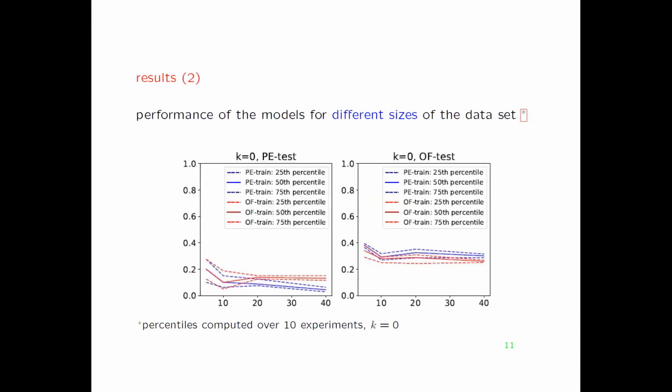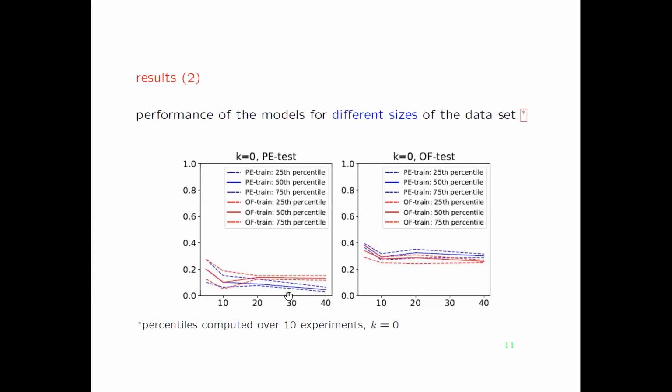Here is a comparison of the performance of both the consonant and dissonant training. On the left, we have both models tested on this prediction error objective, and you see that of course consonant training is always better than dissonant training. In this case, the model that is trained using the right objective function is getting better and better as the size of the data set increases.